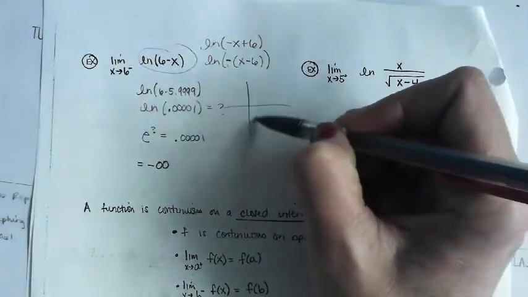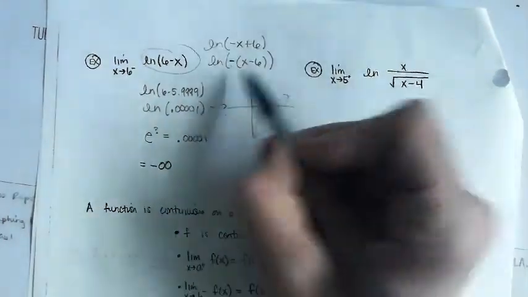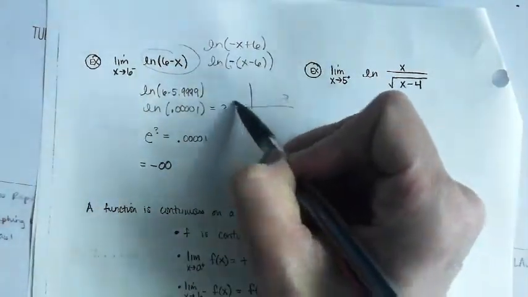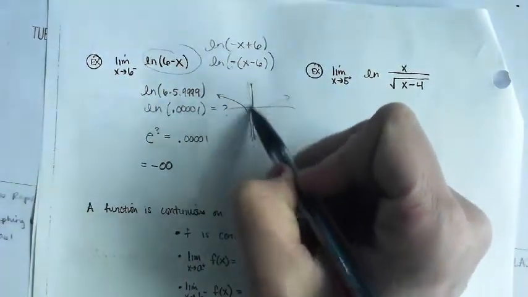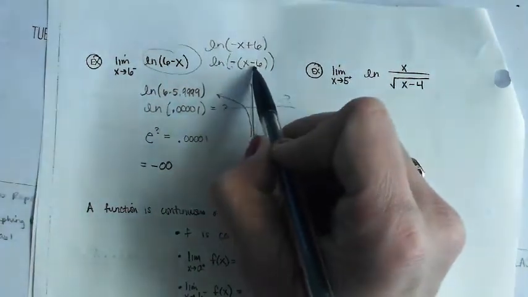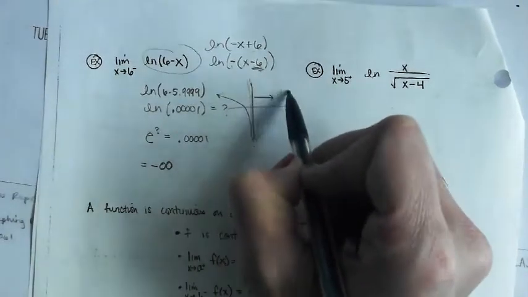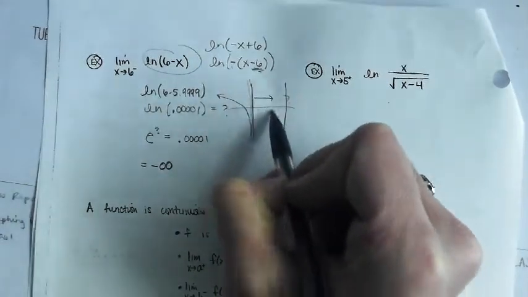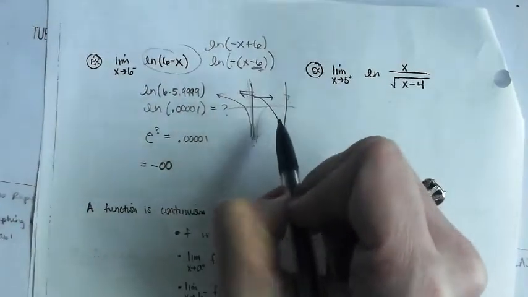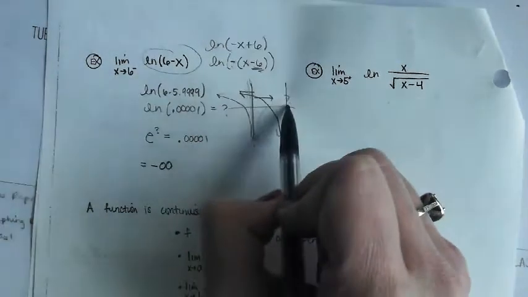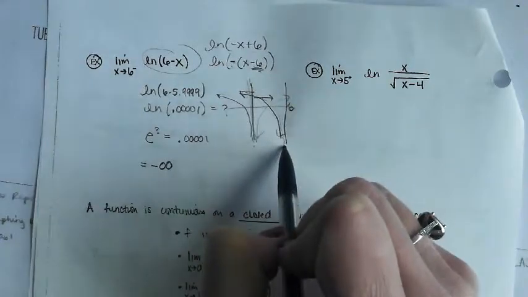Think about your log parent graph, which is here. We're going to flip it horizontally first, so that the y-axis is still an asymptote, and then we're going to shift it right 6 units, which is going to bring your vertical asymptote right 6 units as well, and the rest of your graph. So this is what we're looking at. So as we approach 6 from the left, we can confirm the negative infinity.